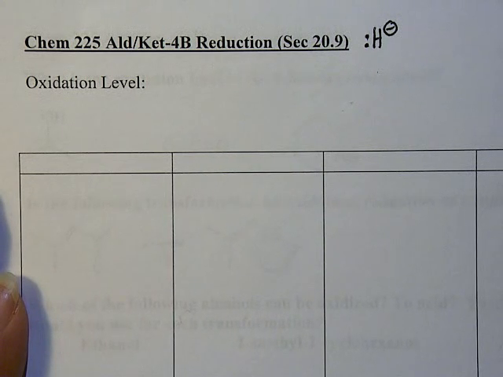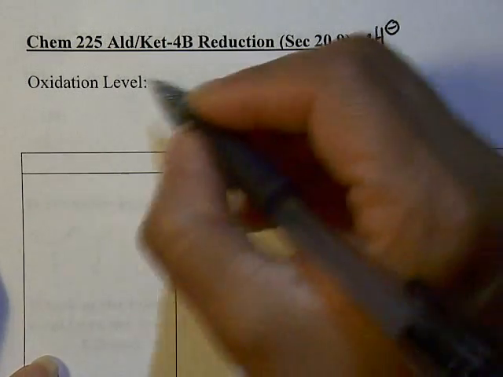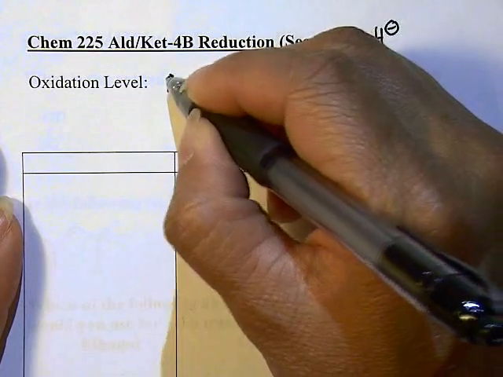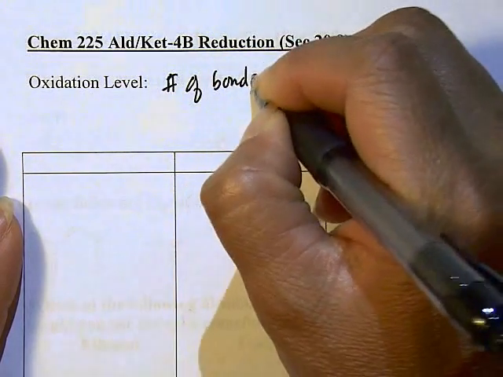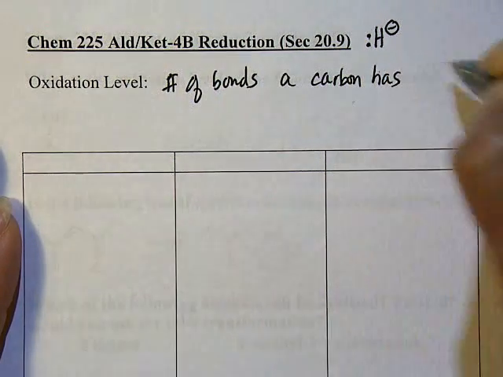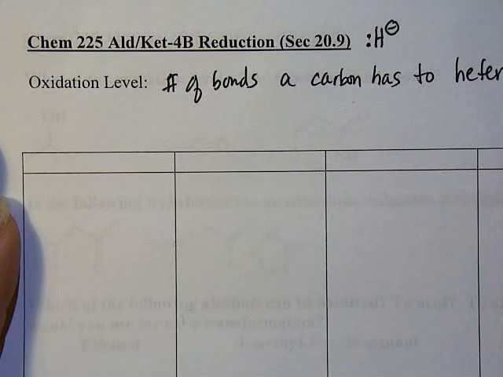All right. So in order to do this, we need to define oxidation level. Oxidation level is simply the number of bonds that carbon has to heteroatoms.